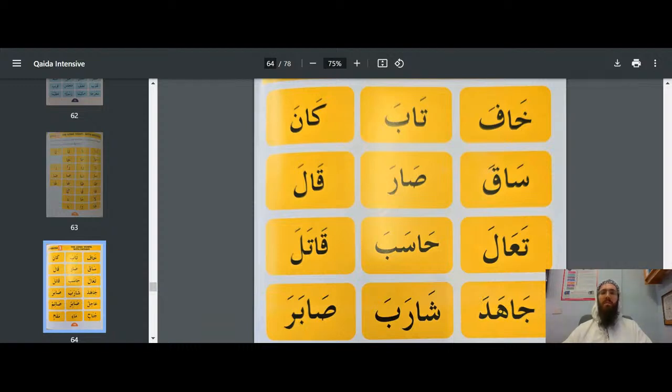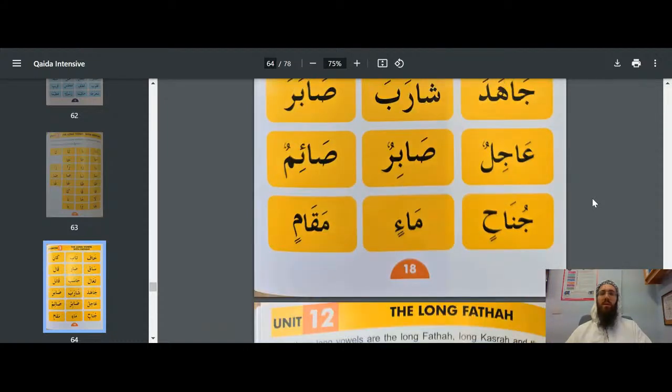Khafa, taba, kana, saqa, sara, qala, ta'ala, hasaba, qatala, jahada, sharaba, sabara, ajilun, sabirun, saimun, junahin, ma'in, maqamin.